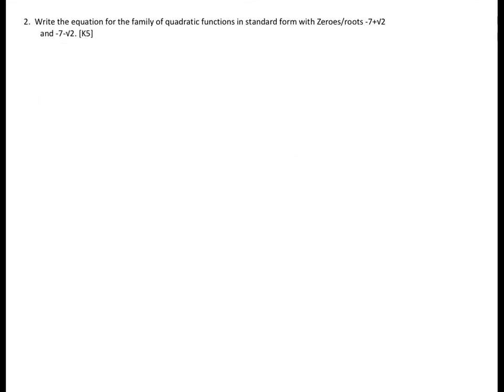The next question is to write the equation for the family of quadratic functions in standard form with zeros or roots at negative 7 plus square root of 2 and negative 7 minus square root of 2. If you remember from the class, we said that a quadratic in x-intercept form or factored form is y is equal to a times (x minus r) times (x minus s), where r and s are the zeros or the roots.